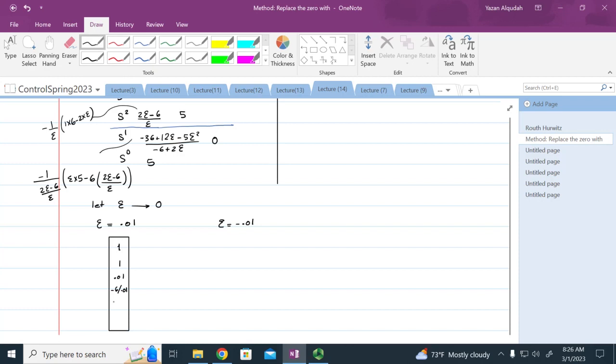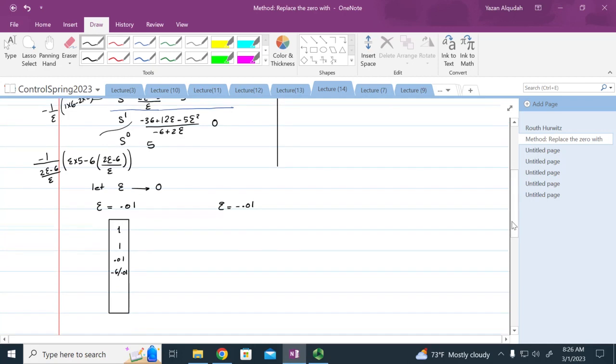And then if I substitute for epsilon in this expression, what is this expression going to equal? Give it your best shot. 6.